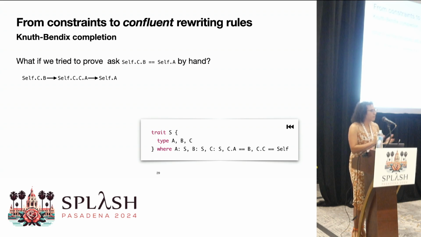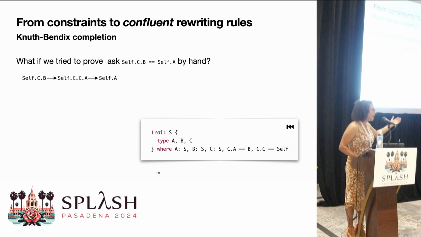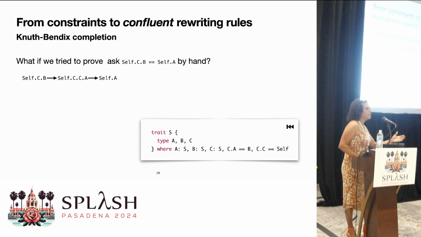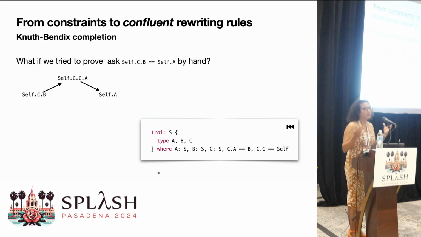And maybe to understand what we should do, we could try to prove this by ourselves. We can try to prove it by hand using the congruence that we have. So if we wanted to do that, we could probably come up with this sequence here. But we are humans, so we can do clever things. And crucially, the clever thing that we did here is to realize that we needed to make the term grow bigger before it could be smaller.